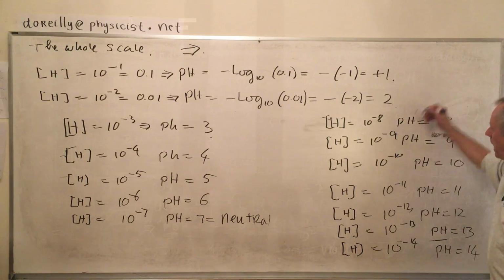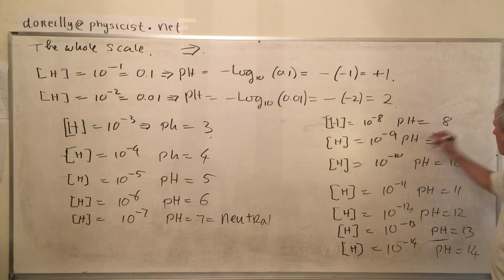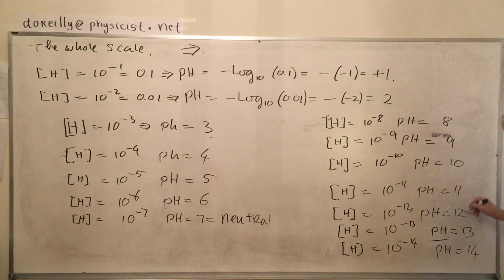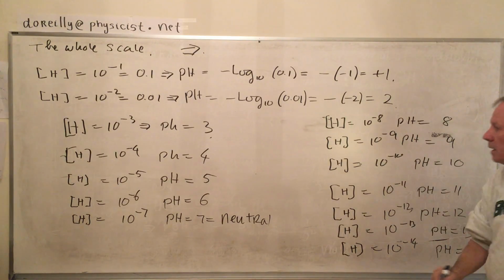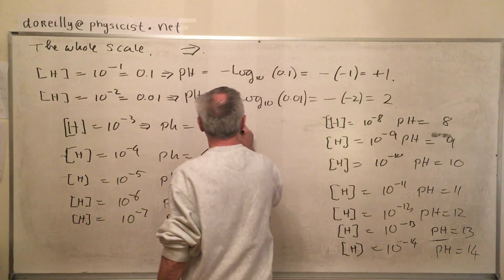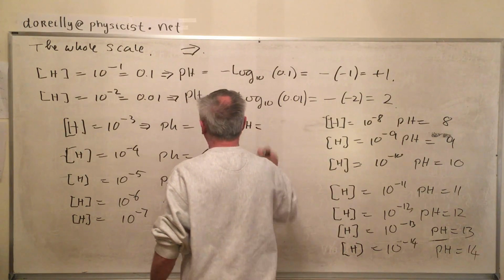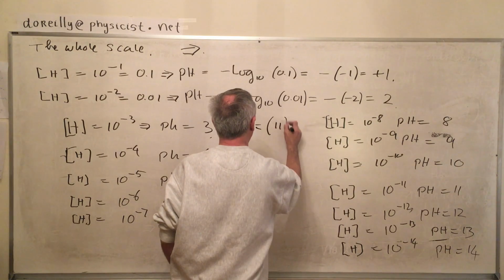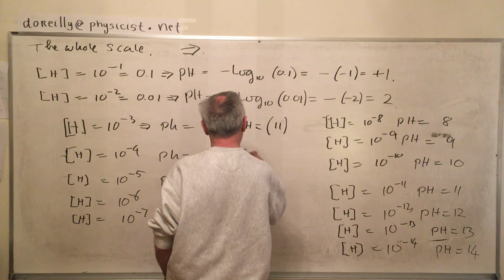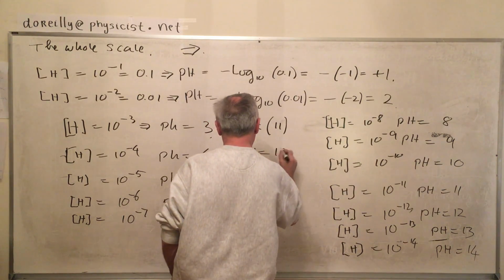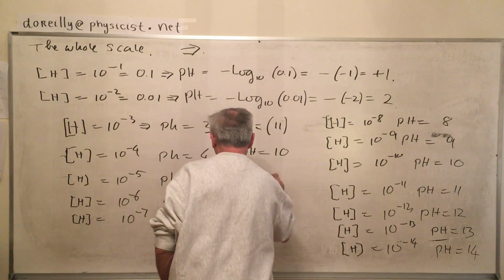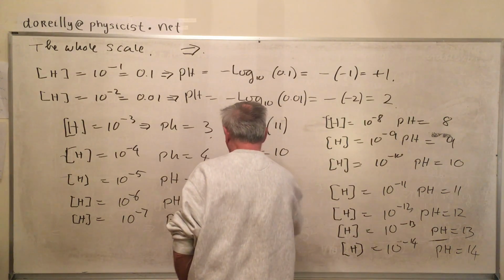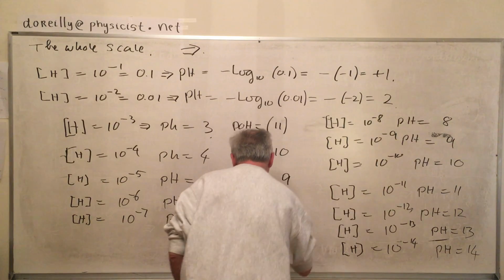So these are all the bases. When you go over 7, pH is 8, 9, 10, 11, 12, 13, 14. That's the whole scale. Now let's see what pOH is. Well, it's 14 minus this. 14 minus 5 is 9.